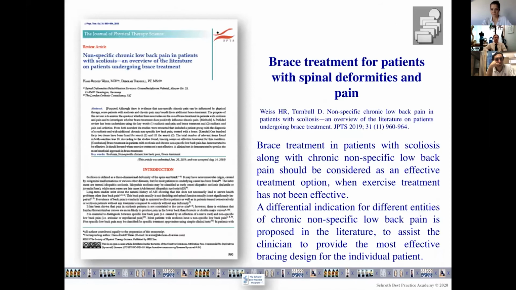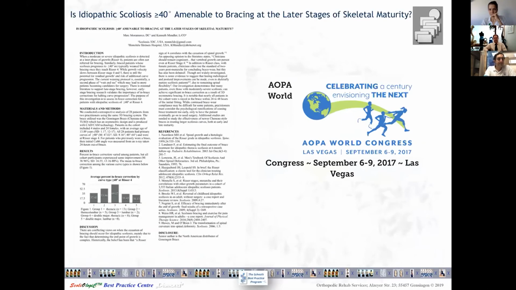Also, we can use a brace for treatment of chronic low back pain if the exercises are not effective. This study from our colleague from our team from the United States was presented at the World Congress, about patients with curves more than 40 degrees and with Risser 4 to 5.